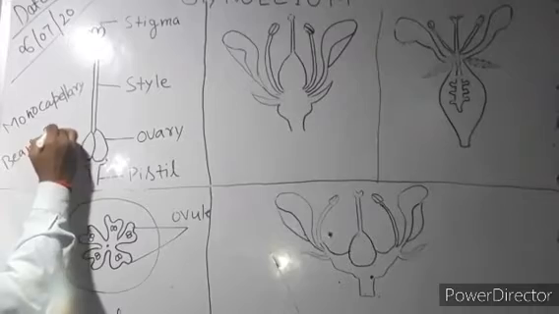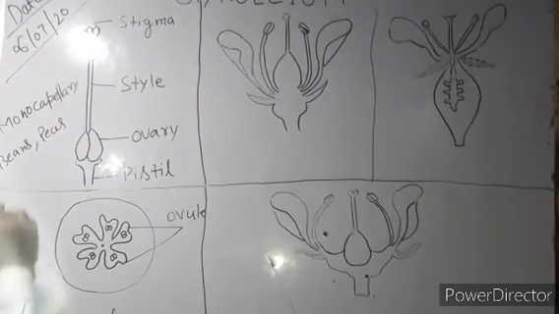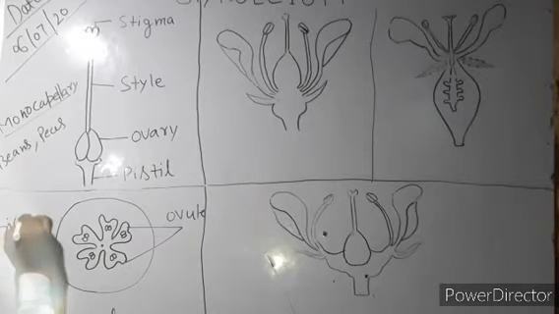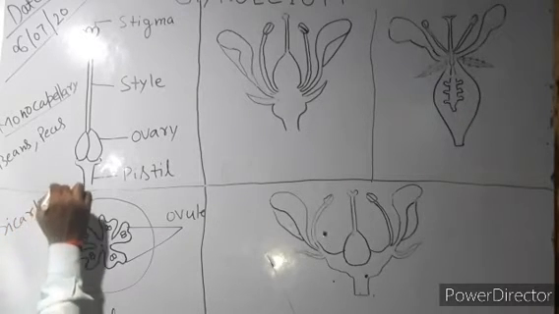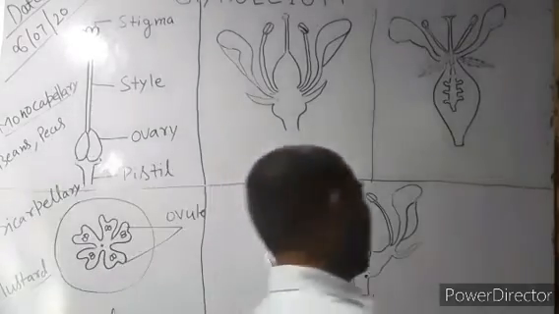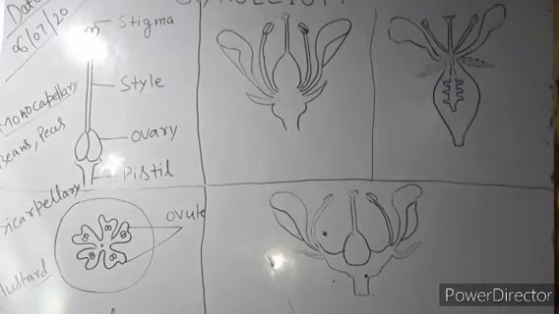When we talk about bicarpellary, the mustard plant is the example. The third is polycarpellary.